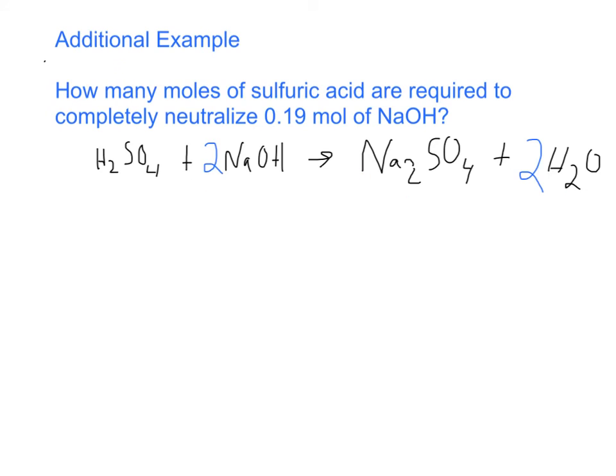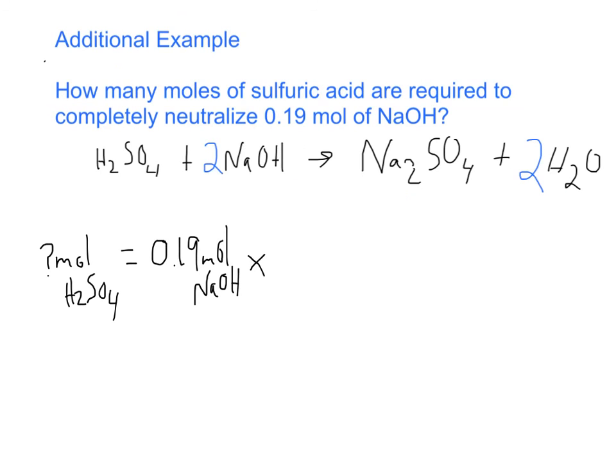We have 0.19 moles of this, and we're trying to figure out how many moles of that to exactly react. So how many moles of H2SO4 do we need to neutralize 0.19 moles of NaOH, sodium hydroxide?